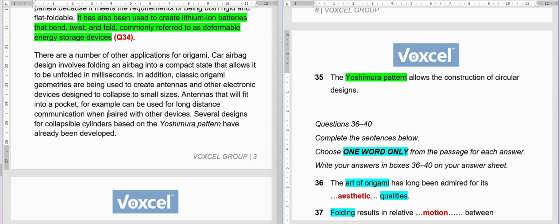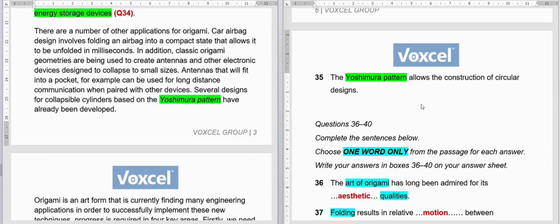Antennas that will fit into a pocket, for example, can be used for long distance communication when paired with other devices. So they have told us about other applications of origami, like in car airbags, or we use them to make antennas. Okay, several designs for collapsible cylinders based on the Yoshimura pattern have already been developed.